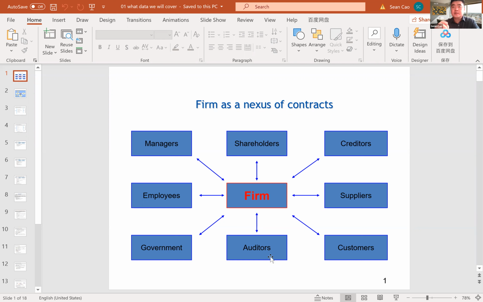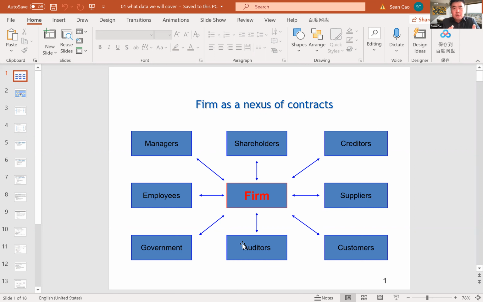The creditors want to know whether the firm can generate stable future cash flow. You want to analyze the data for auditors. You want to make sure auditors know whether the firm is committing fraud or making some mistake in their accounting reporting.